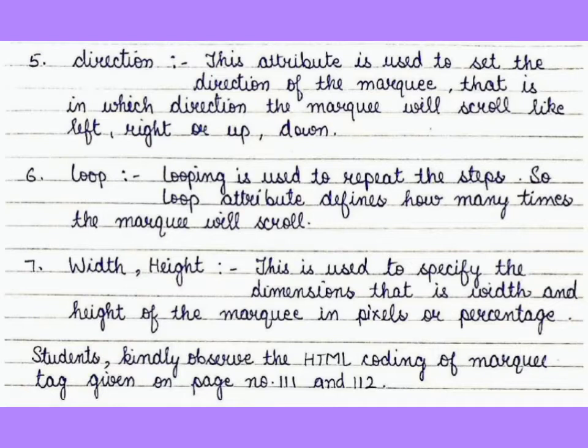This is used to specify the dimensions, that is width and height of the marquee in pixels or percentage. Students, kindly observe the HTML coding of the marquee tag given on page number 111 and 112.